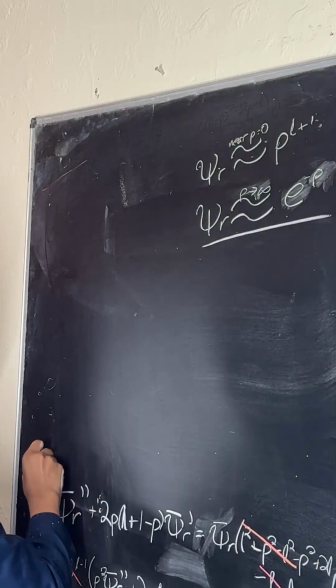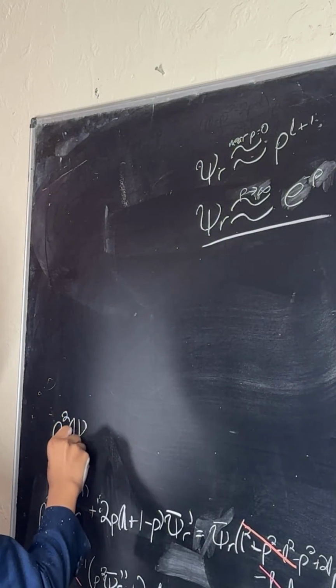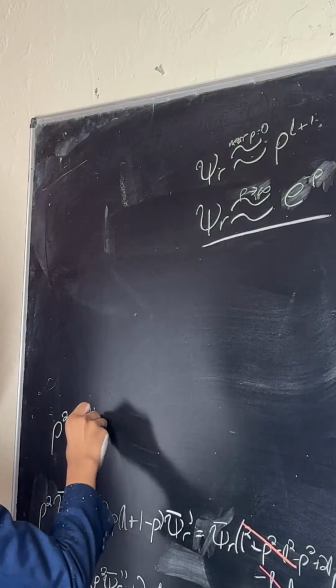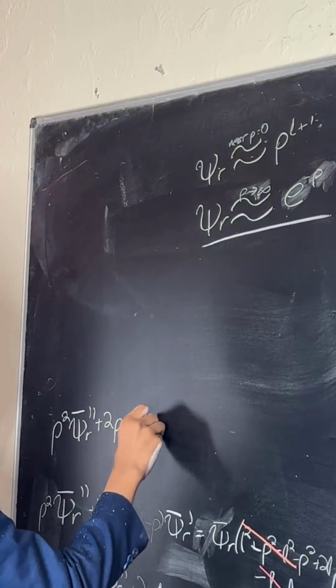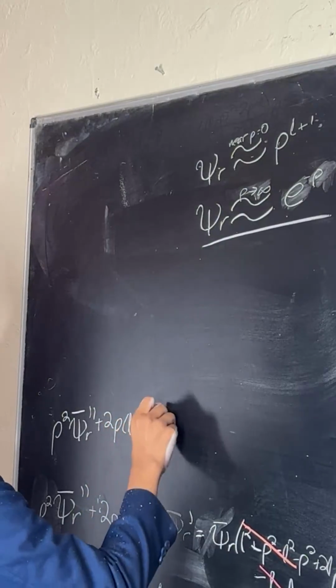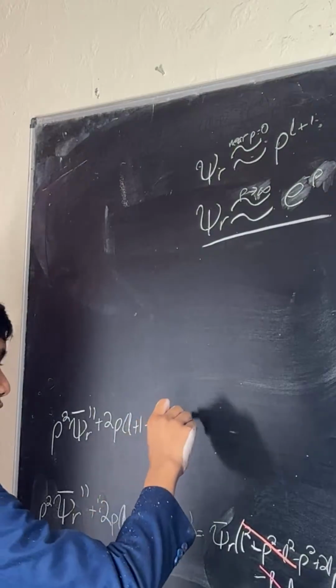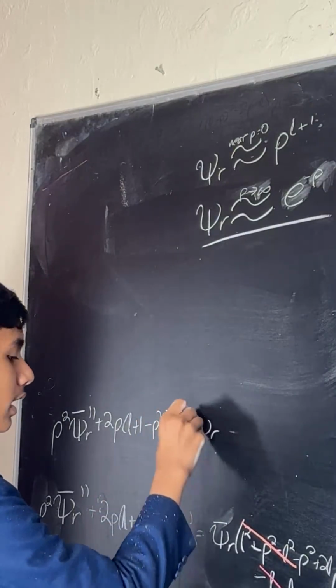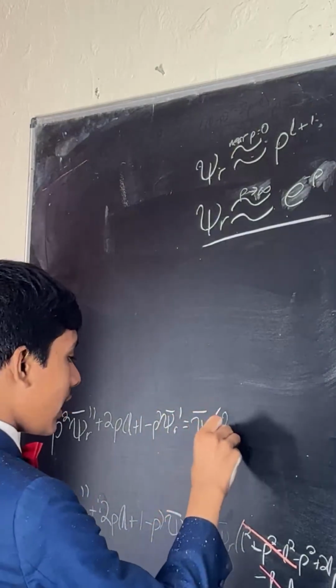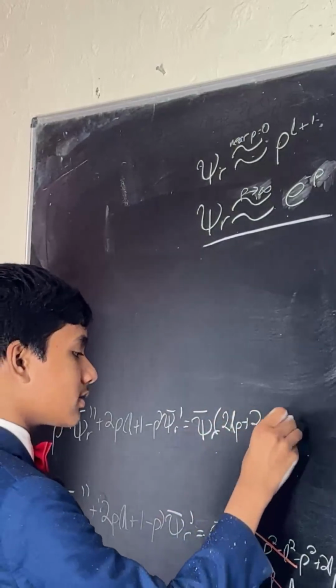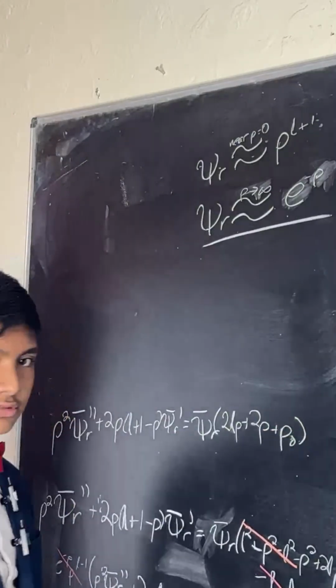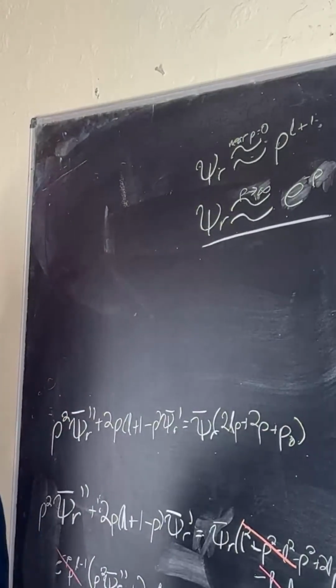Well, we have rho squared psi r overline double prime plus 2 rho L plus 1 minus rho psi r overline single prime is equal to psi r overline times 2L rho plus 2 rho plus rho naught. The power series solution is looking closer than ever.